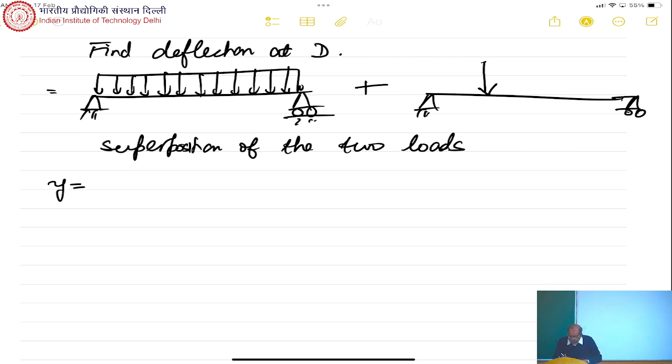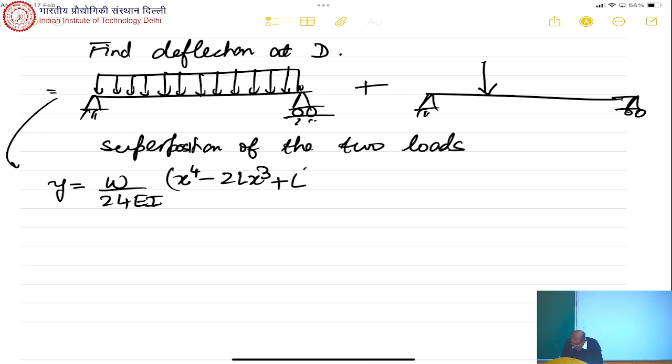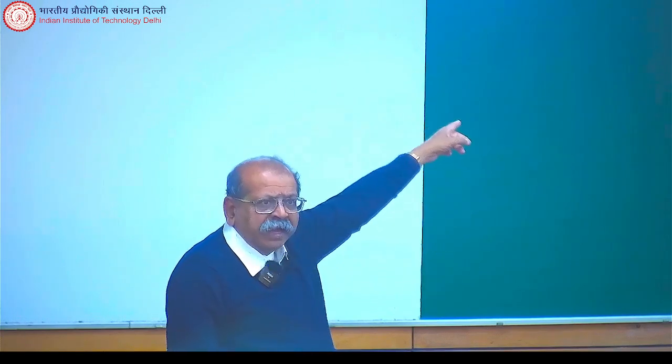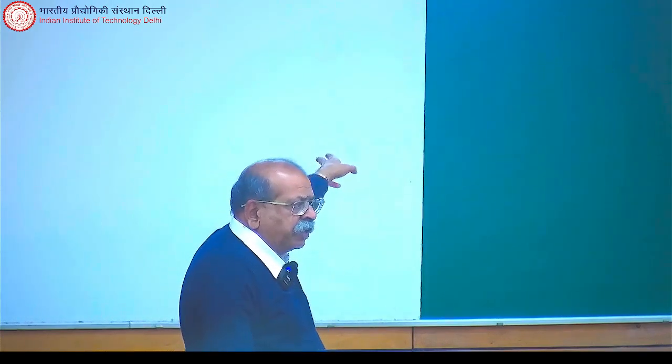What the table tells us is, for this load, y is equal to w upon 24 EI times x4 minus 2lx cube plus. This you don't have to remember. This table will be given to you that for a uniform loading of load W, y is like this, and also the slope will be given in that table. We'll take more problems in the next class.